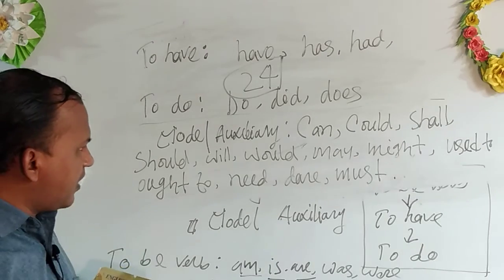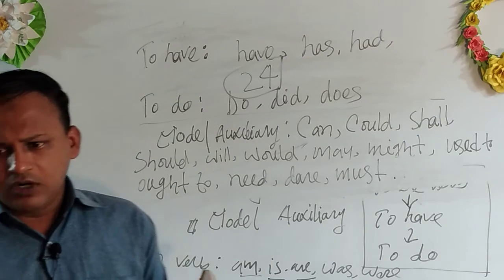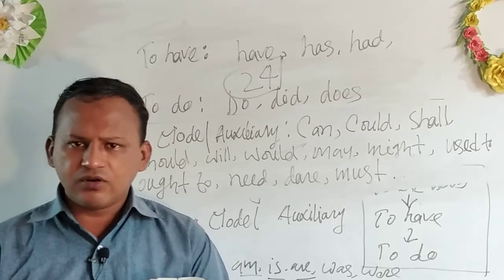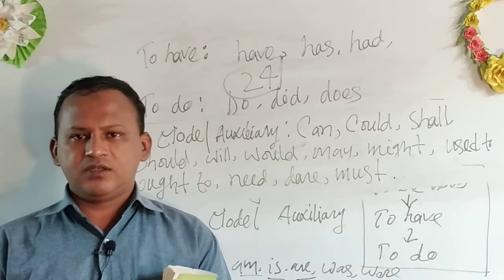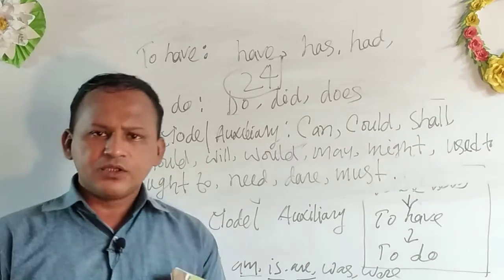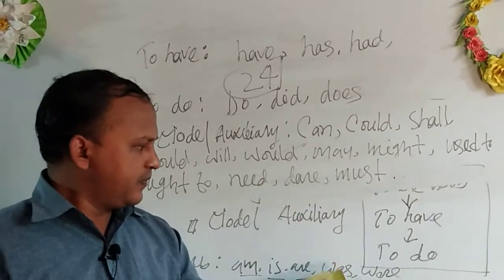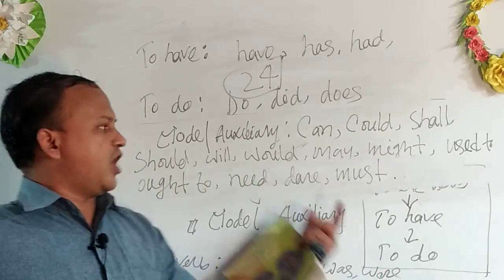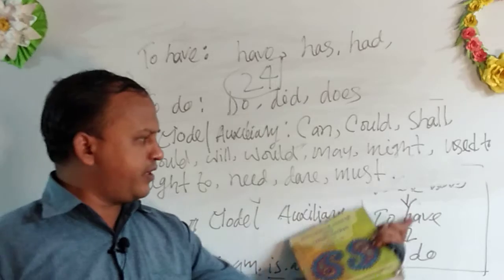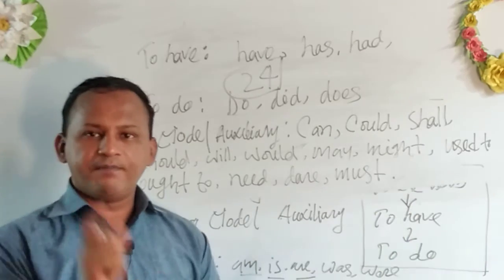Auxiliary verbs contain two parts: primary auxiliaries and modal auxiliaries. Primary auxiliaries consist of to be, to have, to do. I also discussed the primary auxiliary to be verb.